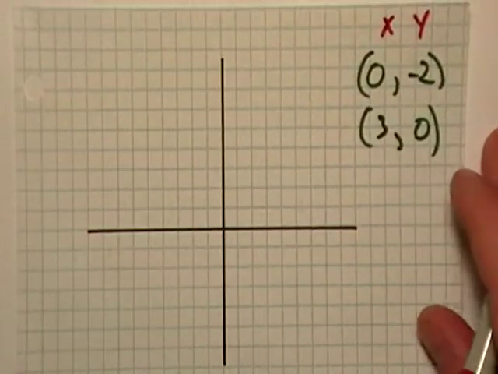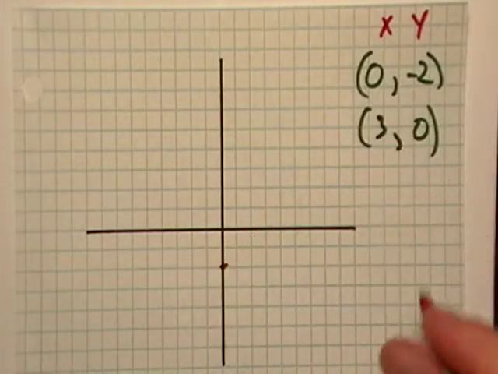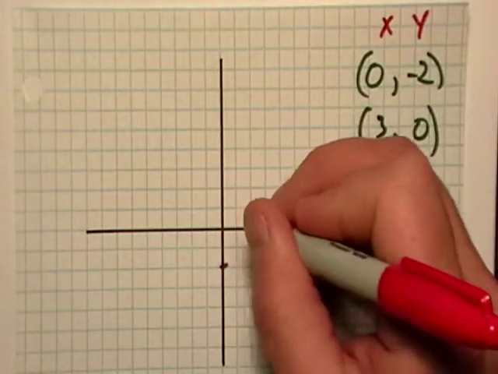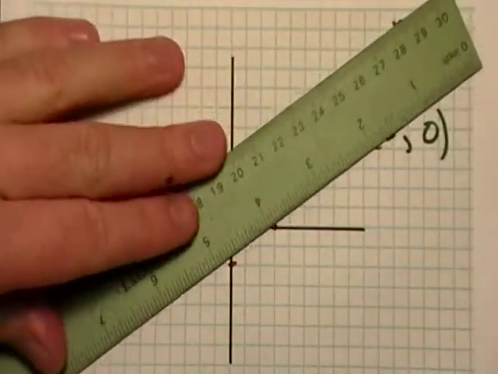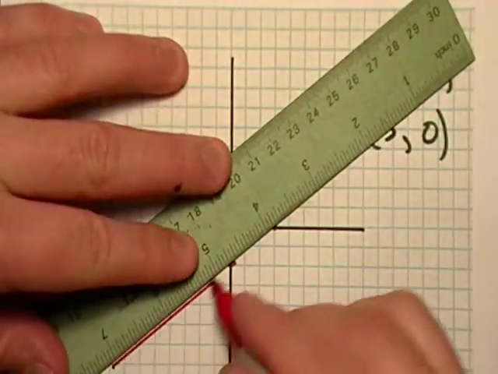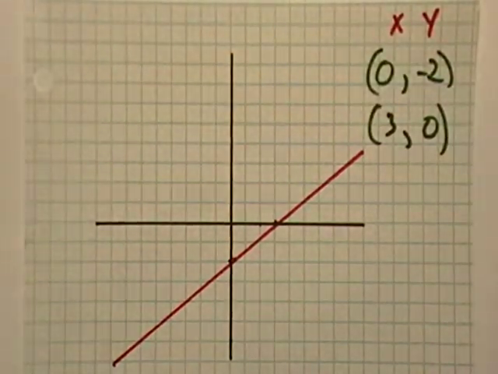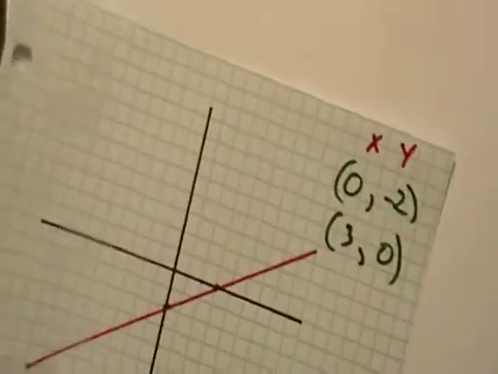So at x equals 0, this thing is worth negative 2. And when x is 3, this thing is worth just 0. 1, 2, 3. Okay? So there's that line right there. Okay? Let's do another one. Never hurts. Let's go.